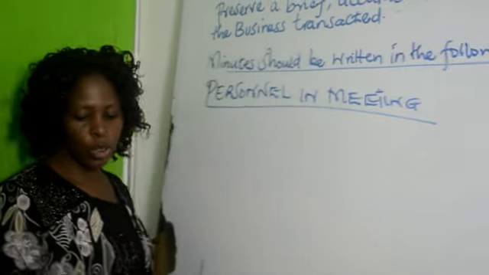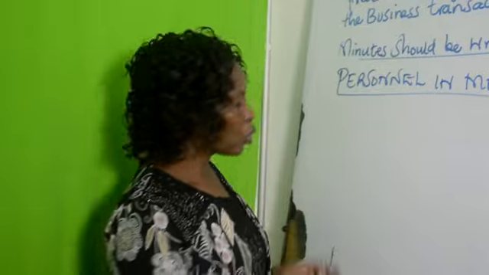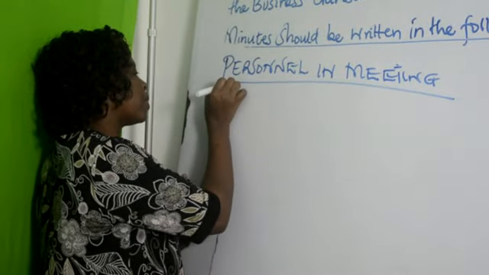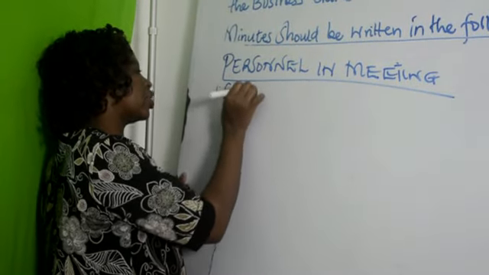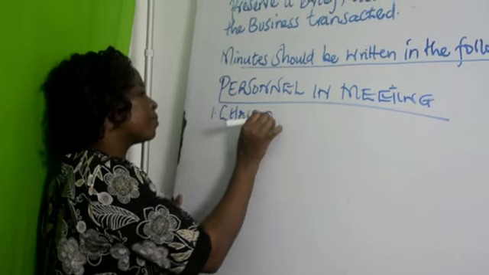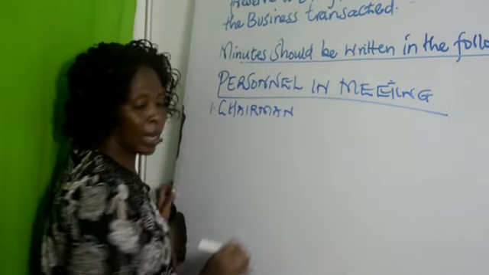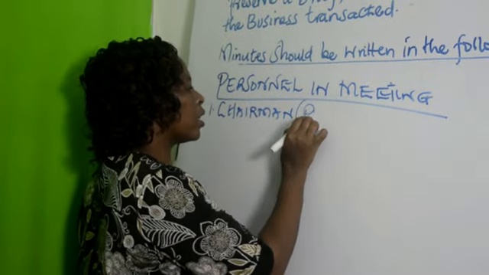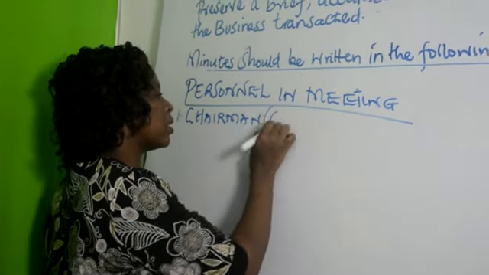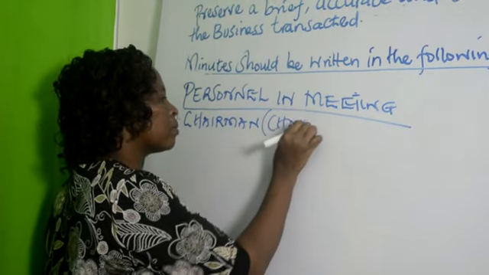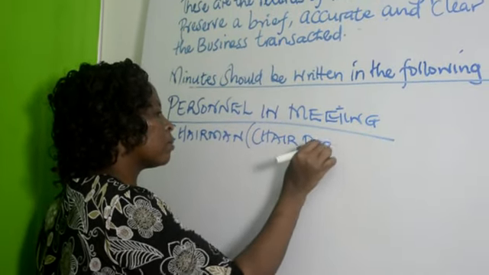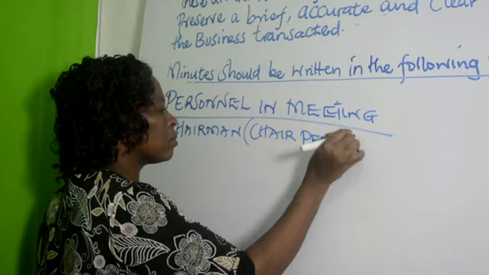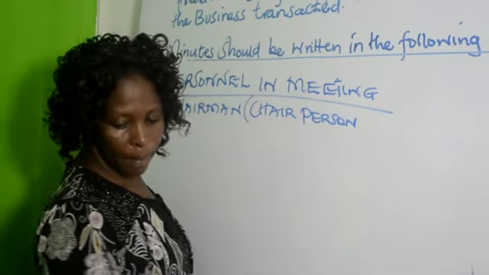These are the members who are supposed to attend the meeting, and we have the chairperson, the chairman. We also call him a chairperson.